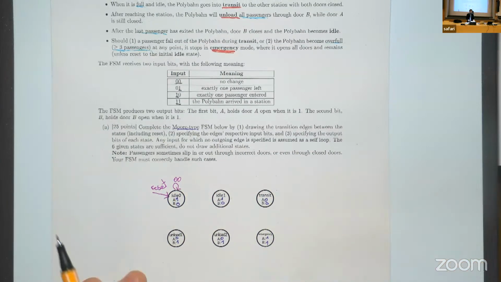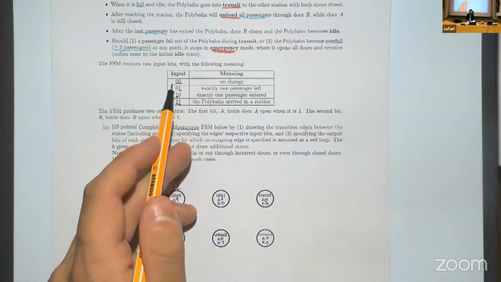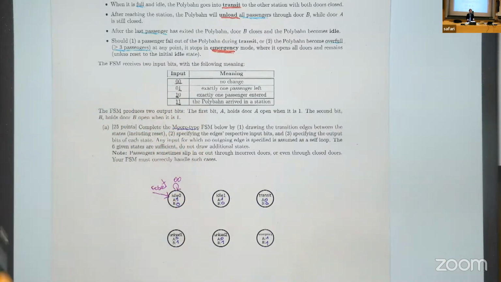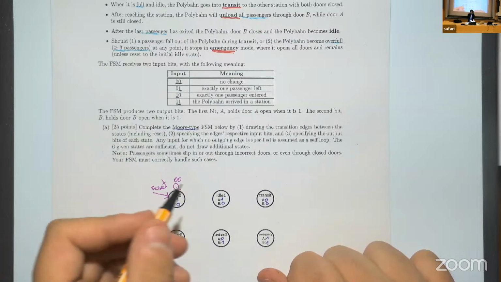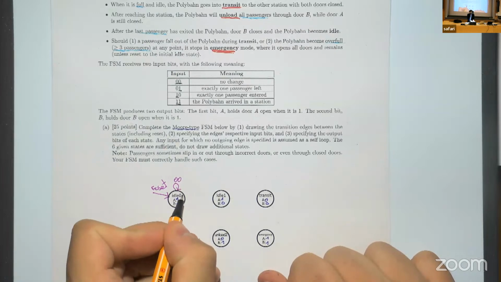So in most places, you can leave 0, 0 open, omit it, and it will be assumed a self loop. If we don't write this in the exercise, it's good that you write it if you make that assumption. Never leave edges undefined in an FSM, basically. But you can certainly define them in text. So if nothing happens, we stay there, sure.